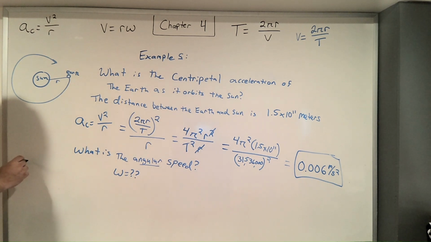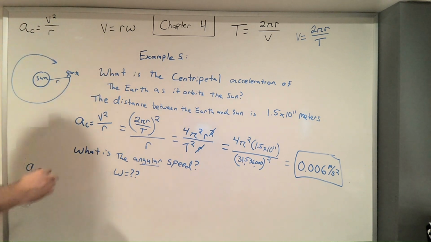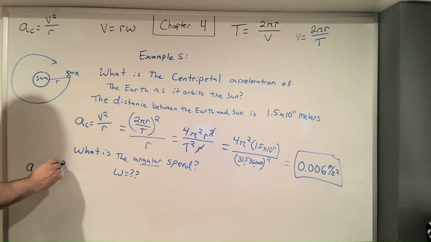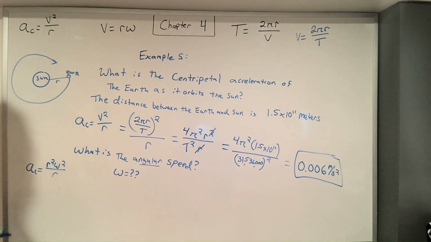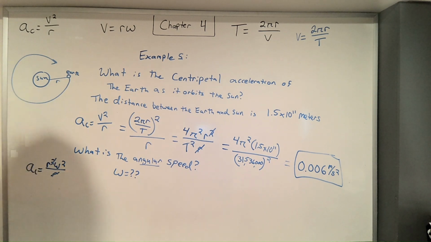So I wonder if we took the centripetal acceleration, and if this is v and this is v squared, if we plug that in, we would get r squared omega squared over r. Right? Okay. So then one of the r's here cancels with one of the r's there. So we would have a centripetal acceleration of r times omega squared.